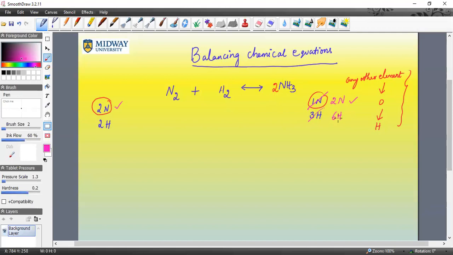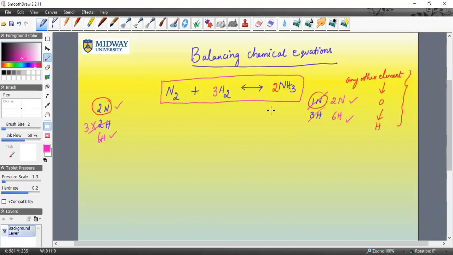How can I make 2 into a 6? Well, if I multiply by 3. So I put the 3 here. Now I have 6 hydrogens here and I have 6 hydrogens here. You don't put a check mark until you got that down, and that's it. That's a perfectly balanced chemical equation.